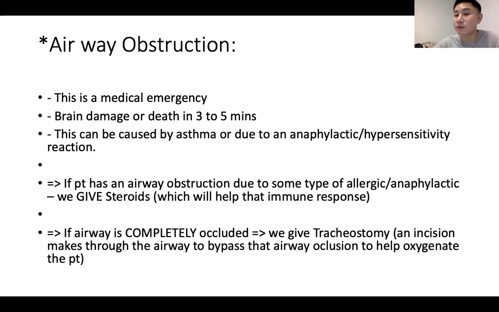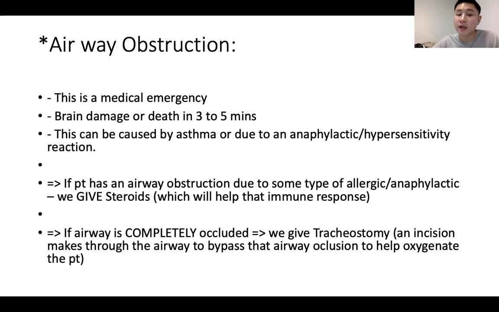An anaphylactic hypersensitivity reaction is when a foreign substance, like peanut or a bee sting, enters the body, and the body recognizes it as a dangerous object and releases histamine and an inflammatory response. It causes the bronchioles to constrict, similar to asthma. So that's why it causes airway obstruction.